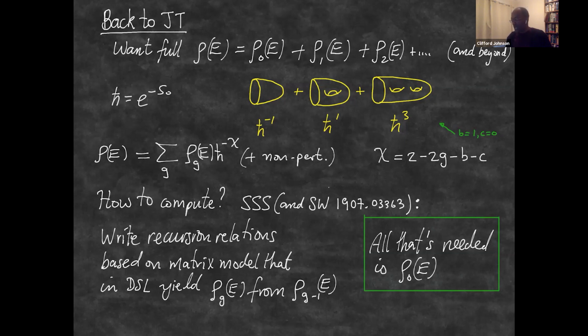They essentially write down and invoke the existence of the matrix model and show that it exists perturbatively by actually writing recursion relations, which you can derive in general from a matrix model. Even if you don't know the detailed potential, given the potential, you can write down a family of recursion relations, which tells you how to relate different orders in the topological expansion.